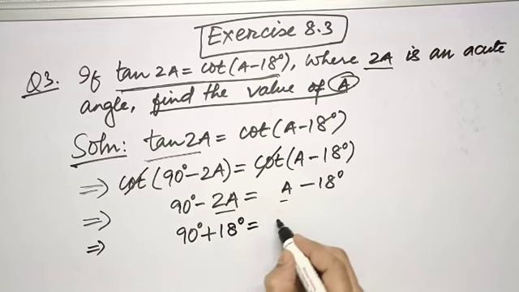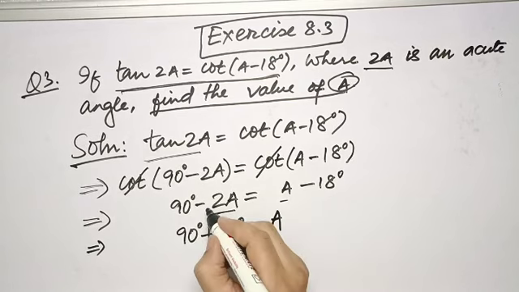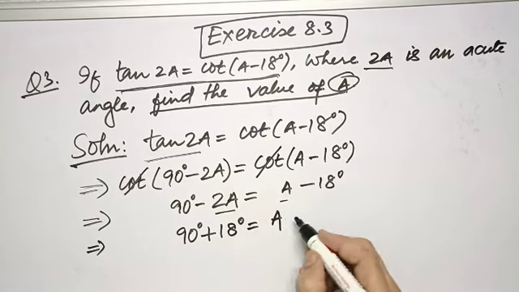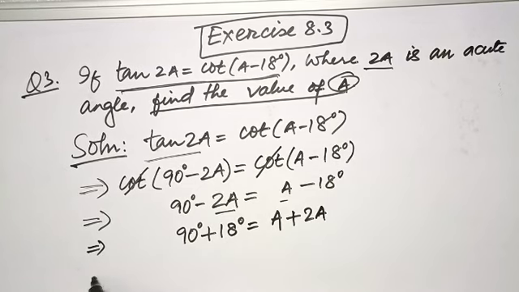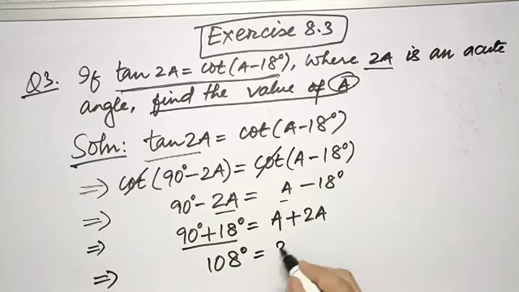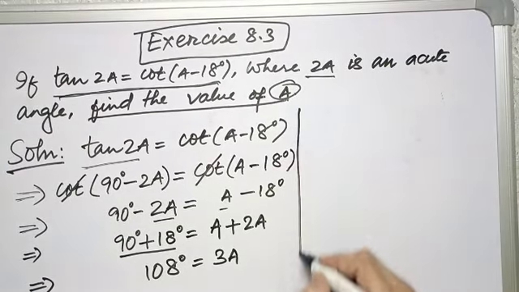Negative will change to positive if it crosses the equal sign, as I have told you already, and this 2a will go to the right hand side, and the sign will change. If you add these two, you are going to get 108 degree, right? And this is going to be 3a. Let me write here.